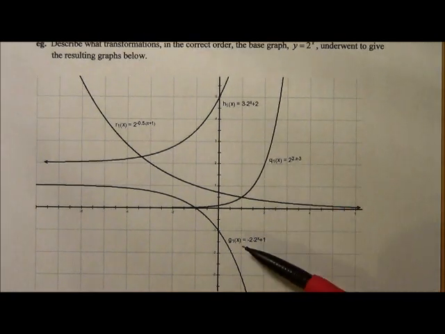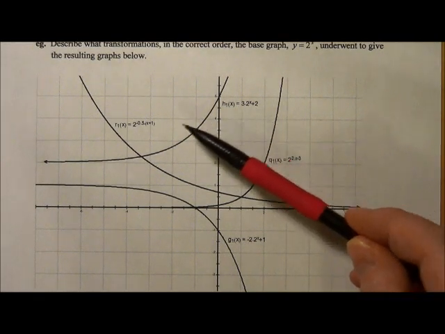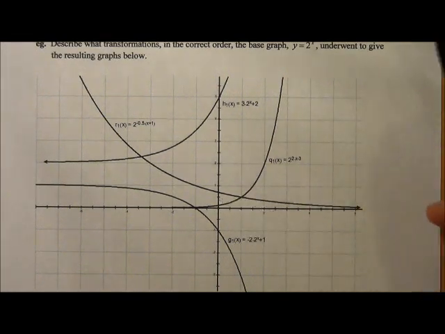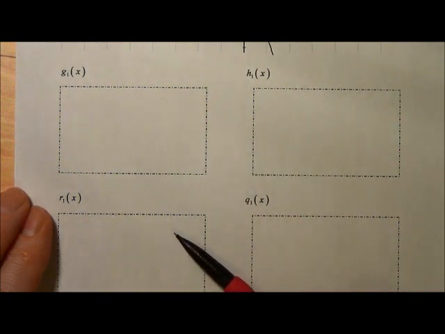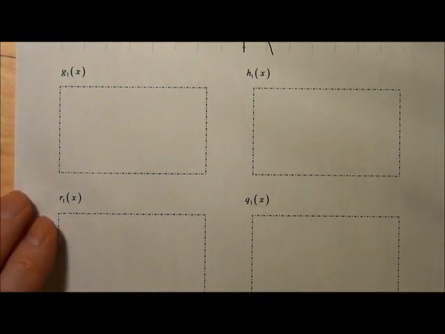We've got equation G, equation H, equation R, and Q. So please go through all of those and list all the equations, the transformations, as you see them in order from left to right in each of those boxes, please. So pause the video now and go through those, and we'll come back and check your answers.